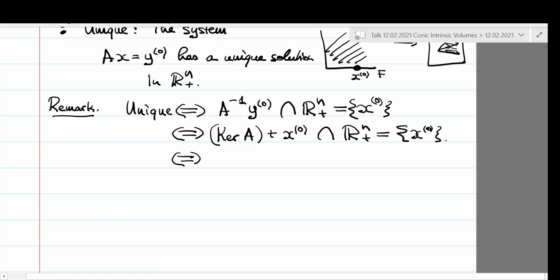Or another equivalent restatement is the following one. So we start with x0, and we want to add to it something and stay in the Rn plus.